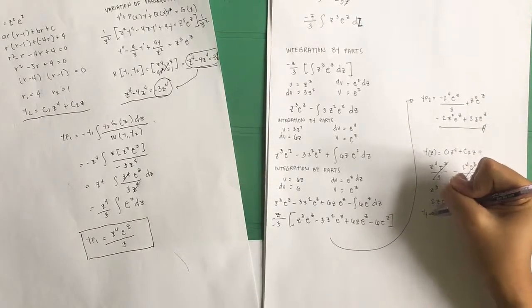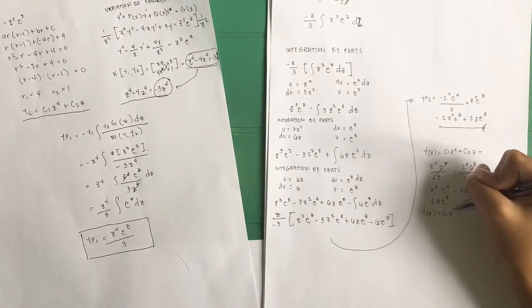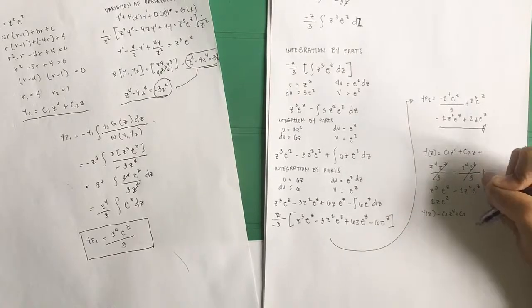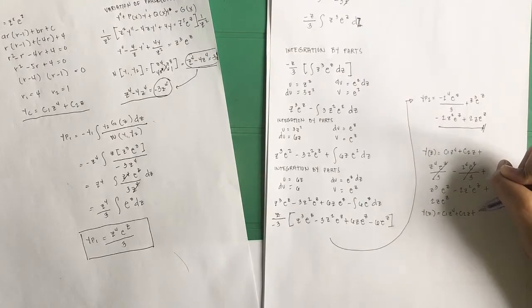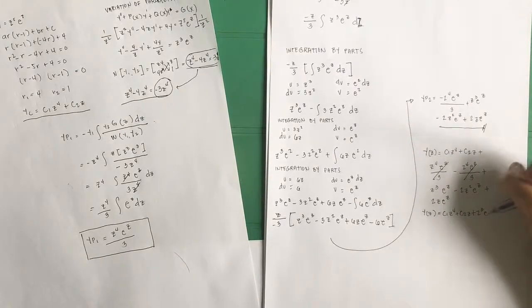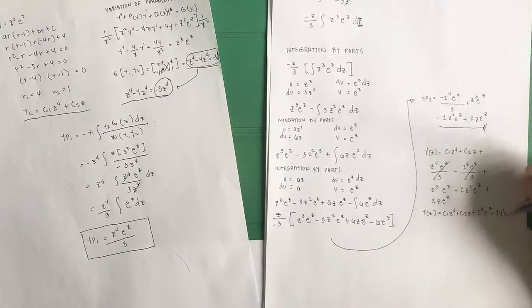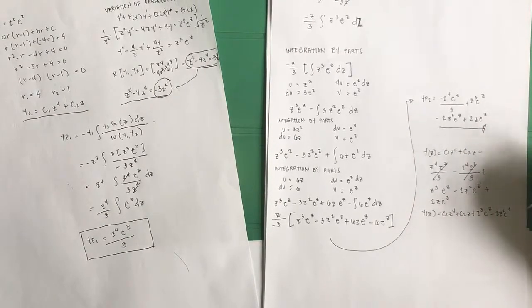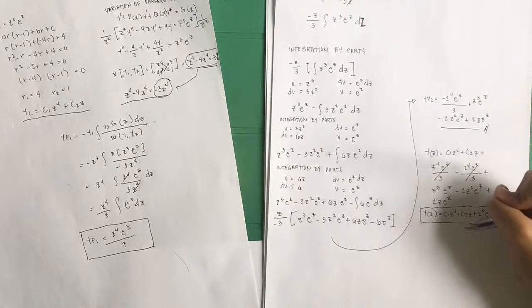So now y of z is equal to c1 z raised to 4 plus c2 z plus z cubed e raised to z minus 2z squared e raised to z plus 2z e raised to z. It could be the answer, or we can simplify it again.